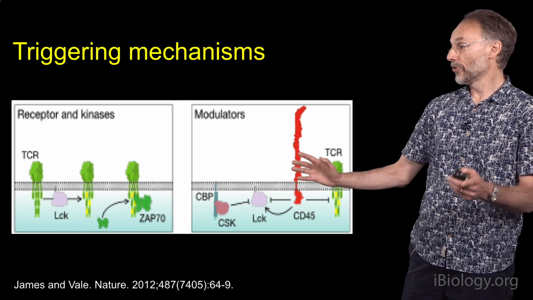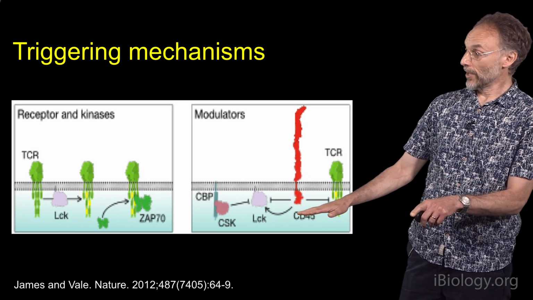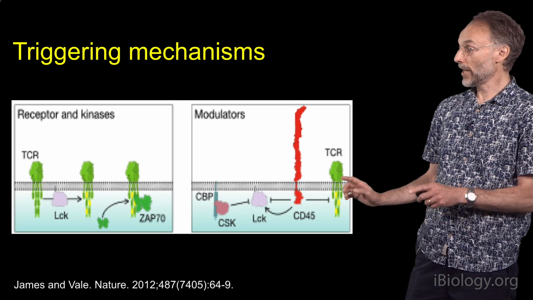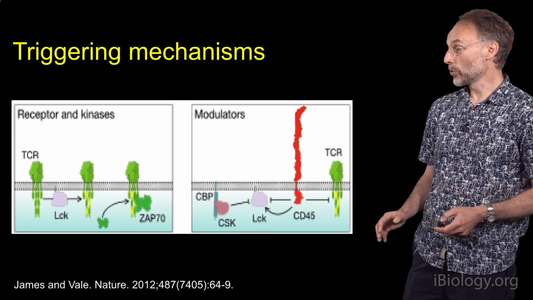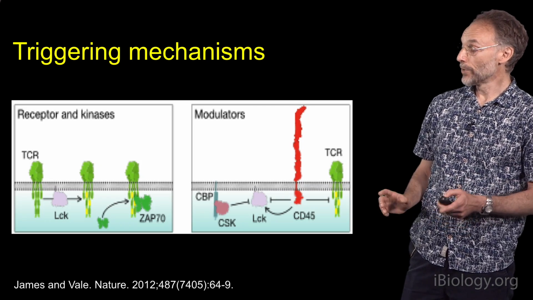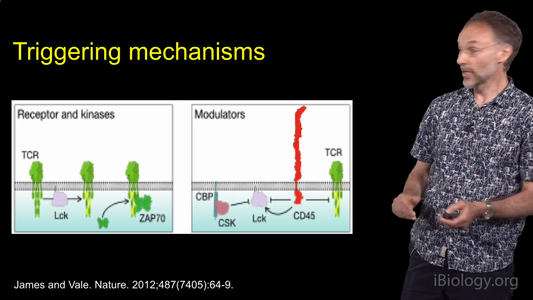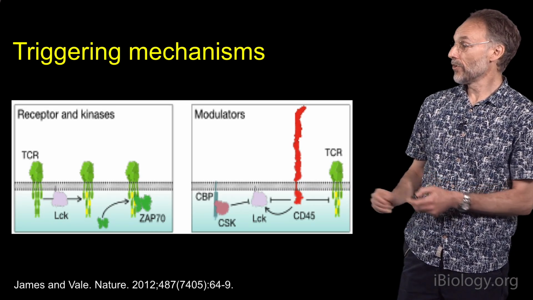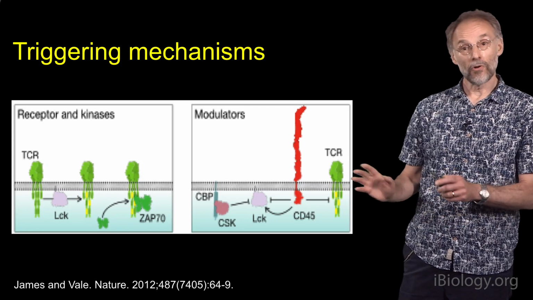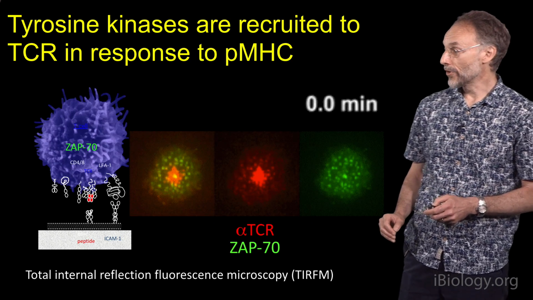Together this system would set up a regulated basal state from which T-cell receptor engagement would trigger signaling. So this seemed to be a minimal set of molecules required for reconstituting T-cell receptor signaling in a non-T-cell. But when we go back to T cells and look at these molecules, we can see that they're very highly organized in the immunological synapse.